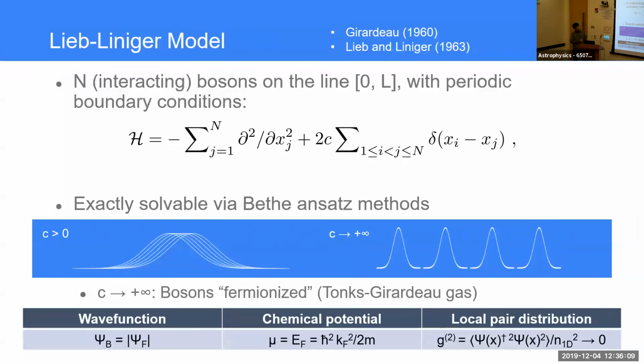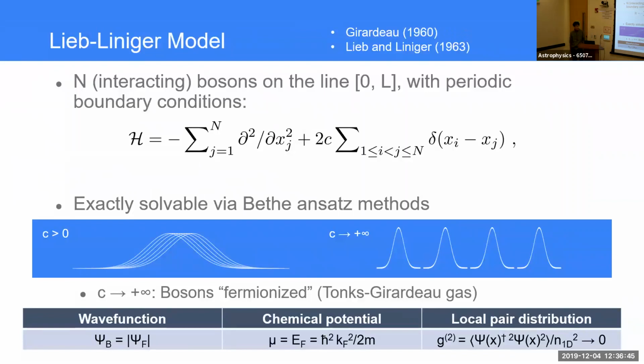The second term encapsulates the van der Waals or short-range contact interaction in the form of an effective delta function with a coupling strength c. From now on, when I say c, I'm referring to the contact coupling strength in this Lieb-Liniger model. It turns out that this model is exactly solvable by using Bethe ansatz techniques. In particular, when we have some intermediate repulsive c values, you get your familiar Fermi gas in one dimension.